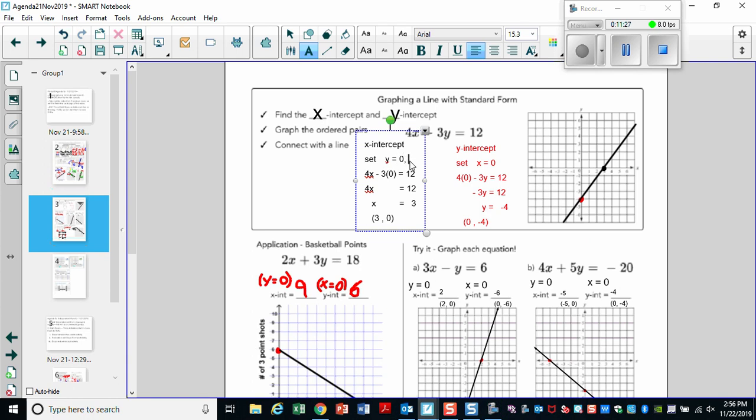Solve for x, and you should get a result of x equals 3. And then this is our ordered pair, (3, 0).